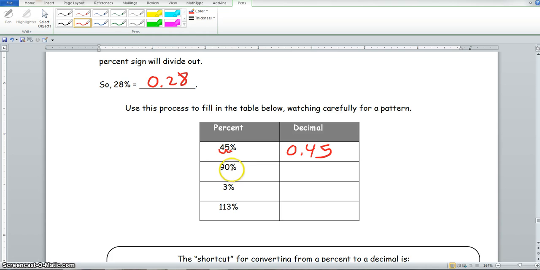We'll put this decimal at the end, move it 2 places to the left, and our answer would be 0.9 or 0.90 without the percent sign. We'll put this decimal at the end with the 3, move it 2 places to the left. That'll give us 0.03. We'll put this decimal behind the 3, move it 2 places to the left. That'll give us 1.13.